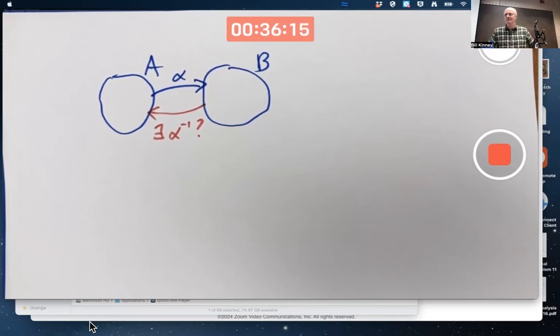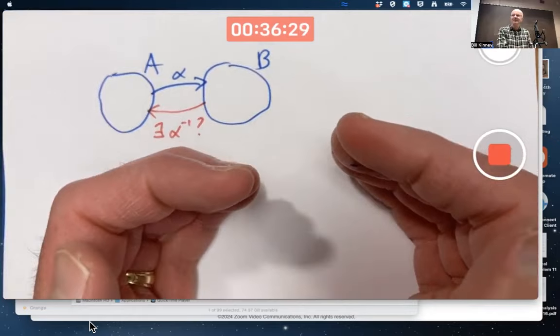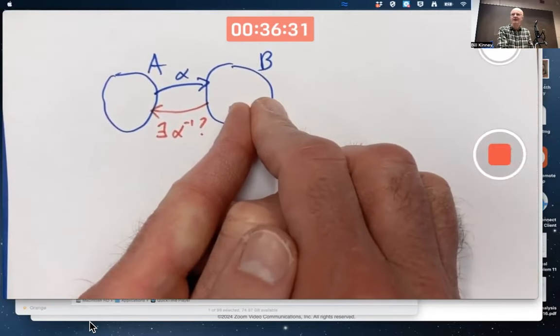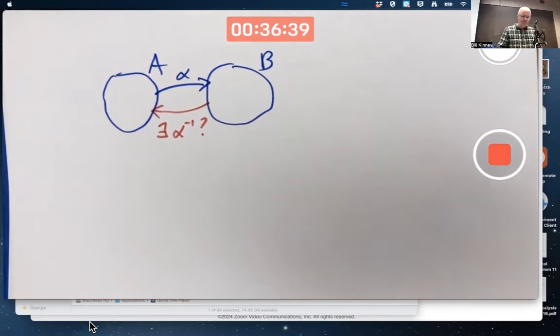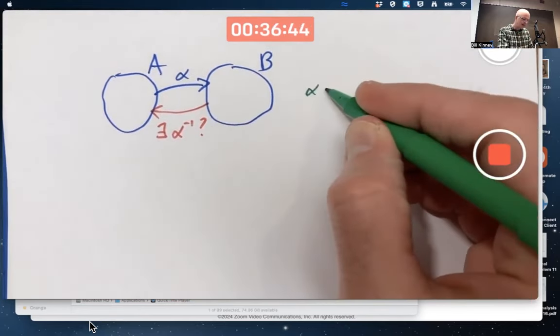Not in general. If alpha is not 1-to-1 or not onto, then alpha inverse does not exist. Though I will say if alpha is 1-to-1 but not onto, you can make the target set smaller to still define an inverse. If it's 1-to-1 but not onto. Don't worry about that. Alpha is 1-to-1 and onto.